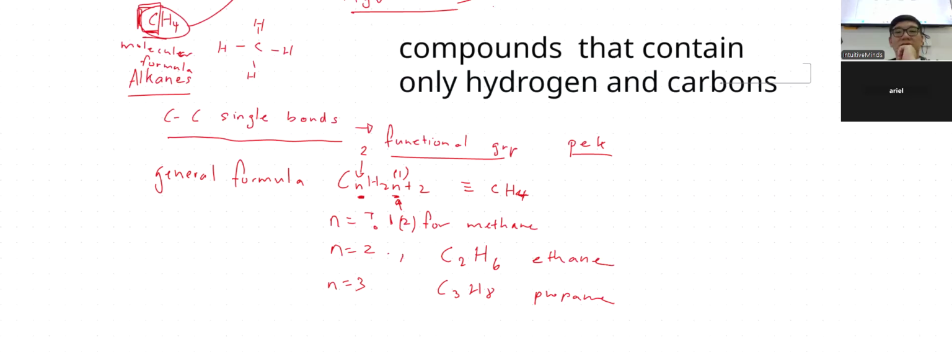Can you tell me what is your boiling point and melting point as you go down the group? As you go down the members, will their melting point and boiling point increase or decrease? The melting and boiling point will increase.